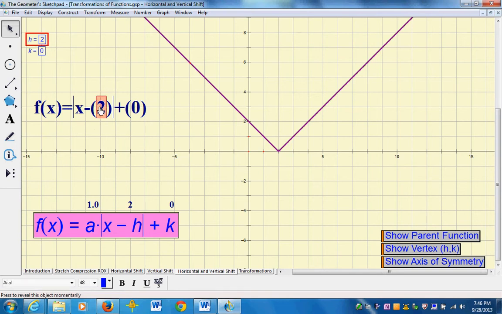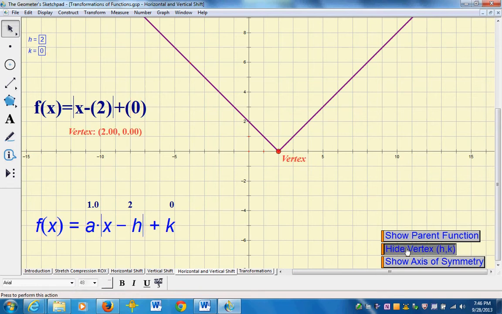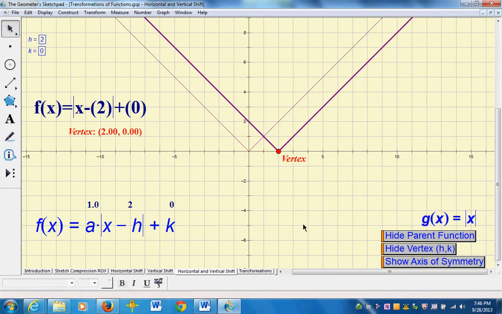So here I have my h, and here I have my k. So right now my vertex is at 2, 0. So let's look at the function here. Notice this is minus 2, but my vertex is positive 2. Compare this to my parent function.